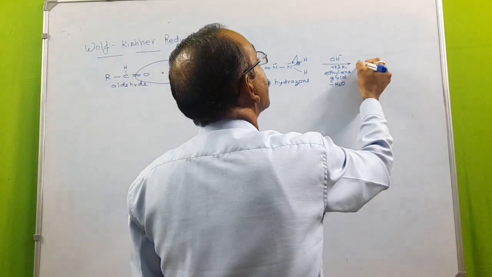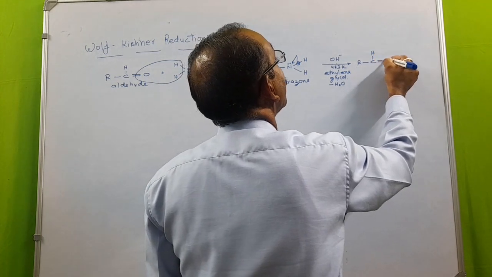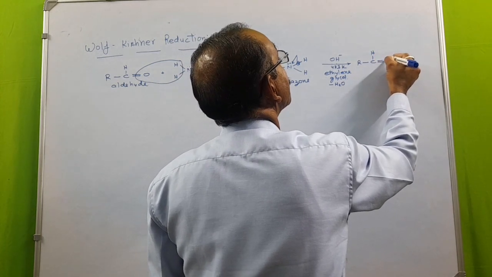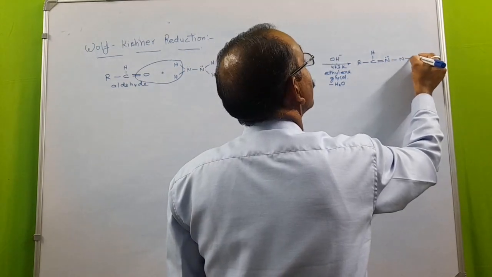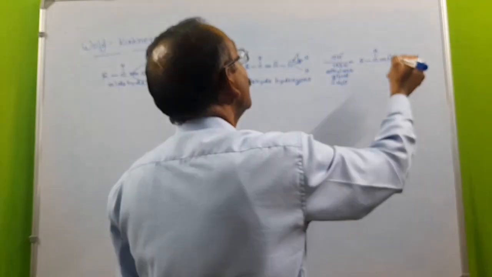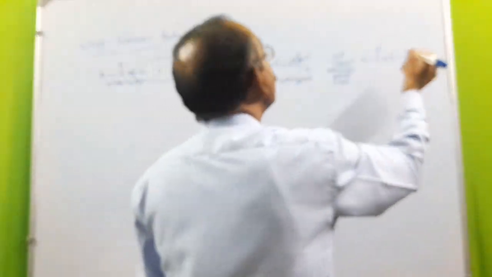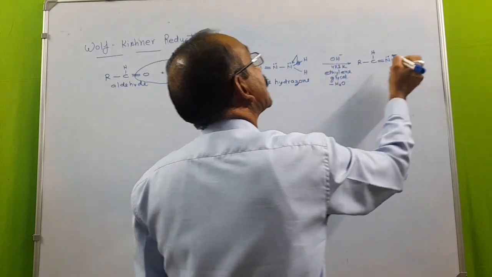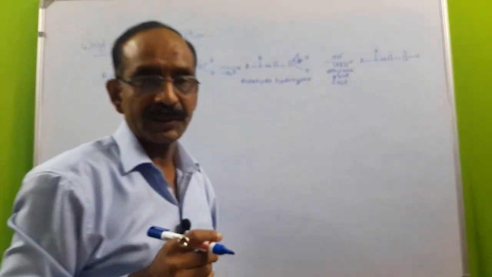Here you will get R, C, H. Your double bond is still there. Nitrogen is having a lone pair, and over this nitrogen now there will be only one hydrogen. See, one electron pair nitrogen was already having, and the 2 electrons of this NH bond come over the nitrogen. That's why it will become negatively charged.